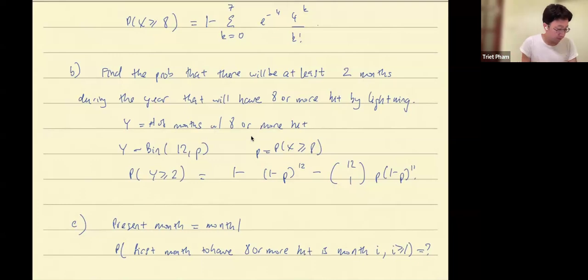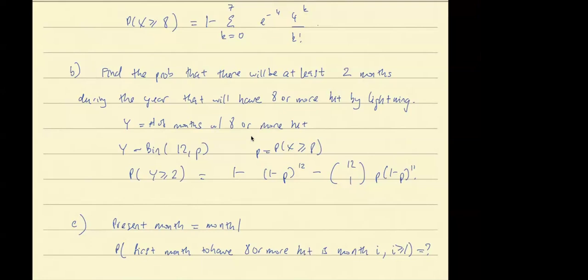How do we do this? This is geometric with the probability that we found in A.